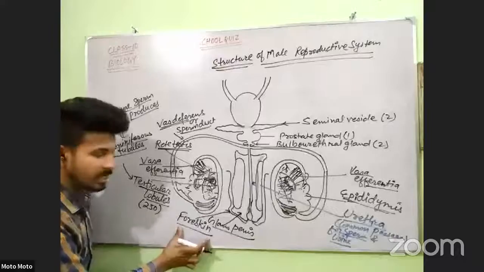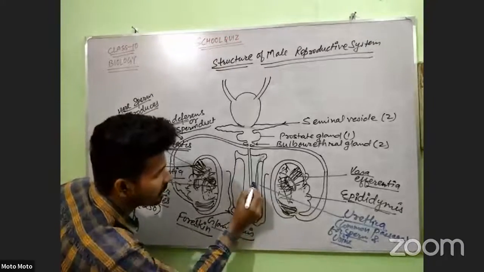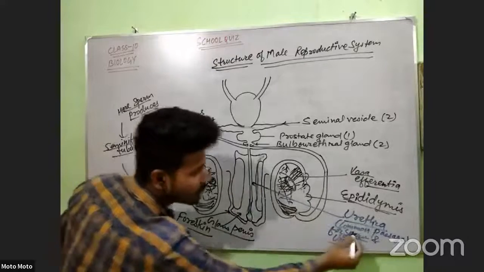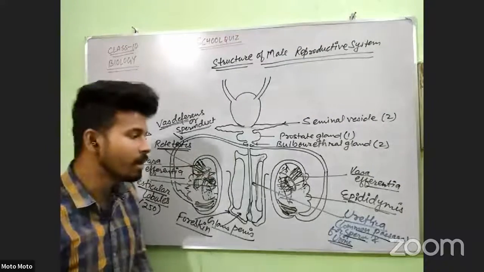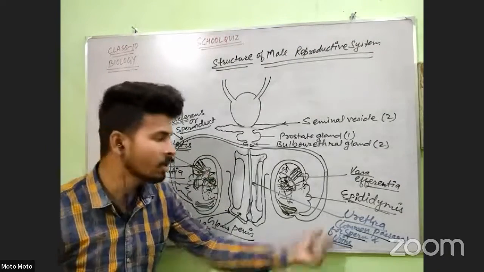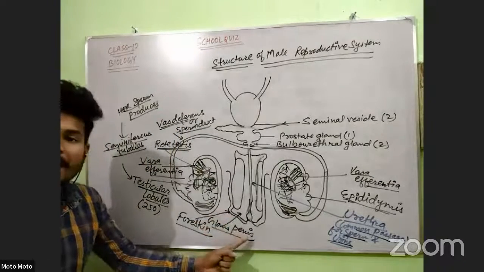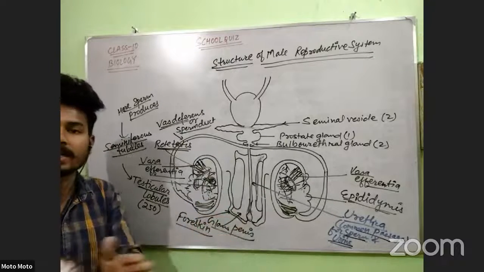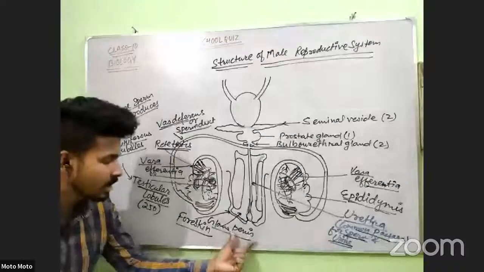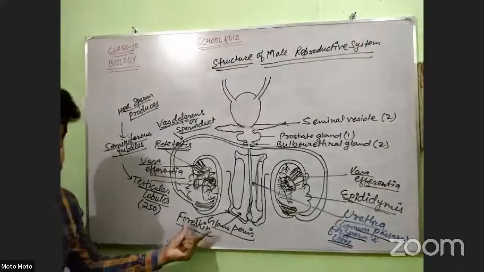Okay. So the covering of the glans penis is the foreskin, and this structure made in the middle section is called the urethra, and the urethra is the common passage for sperm and urine. So when we are asked the common passage for sperm and urine, our answer will be urethra. But when we are asked the penetrating part of the male reproductive system, the penetrating part is the glans penis, and it is covered with a layer named the foreskin.